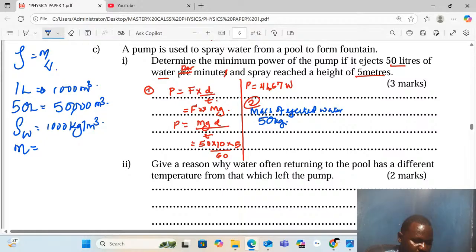Mass will be given by density times volume. Then where are we supposed to get the 50 kilograms from?